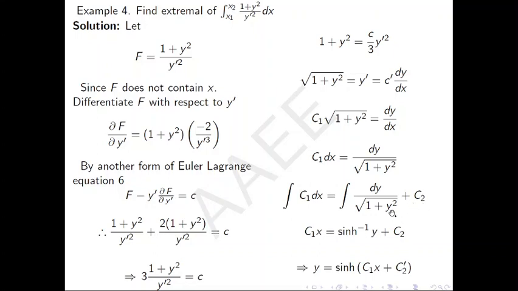And you know very well, the integral of this term with respect to y is hyperbolic sine inverse of y plus the constant of integration c2. If you simplify, we get y is equal to hyperbolic sine of (c1 x plus c2 dash). It is the required answer.